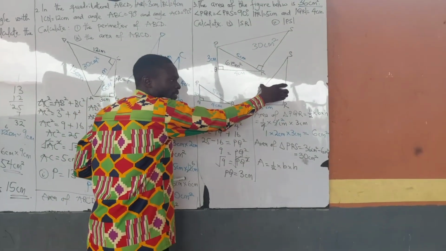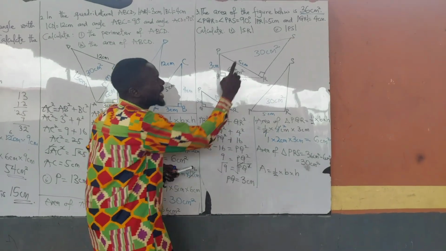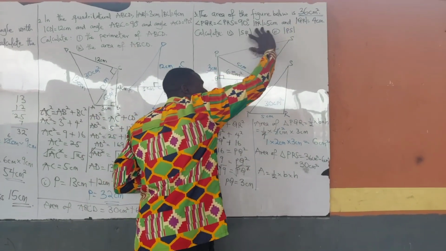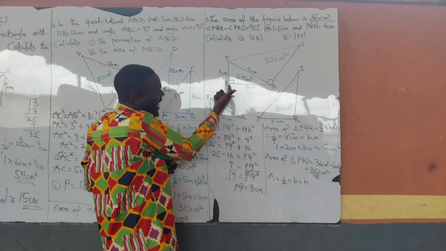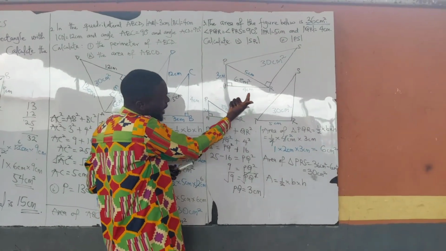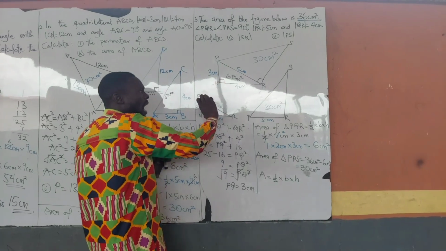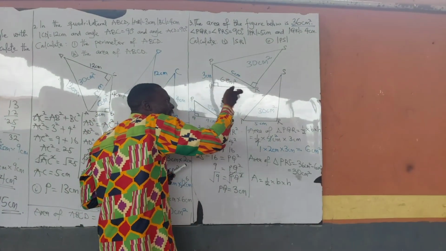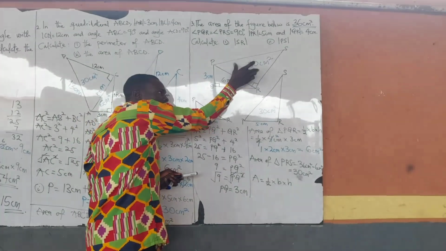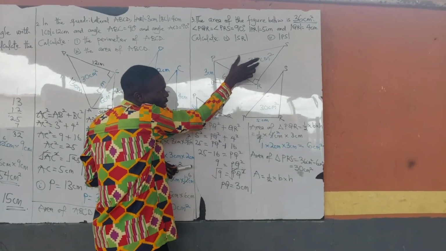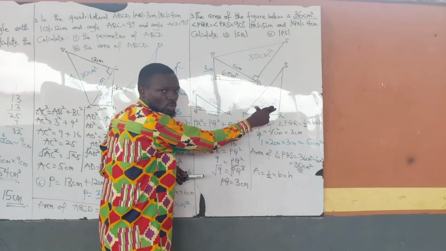I know the area of this triangle. How did I know it? The question has given me the total area of the figure, and I have been able to calculate the area of this figure. So if I know the area of this figure, I will subtract it from the total area, so that whatever I'm left with becomes the area of this figure. So I know the area of this figure as 30 centimeters squared.